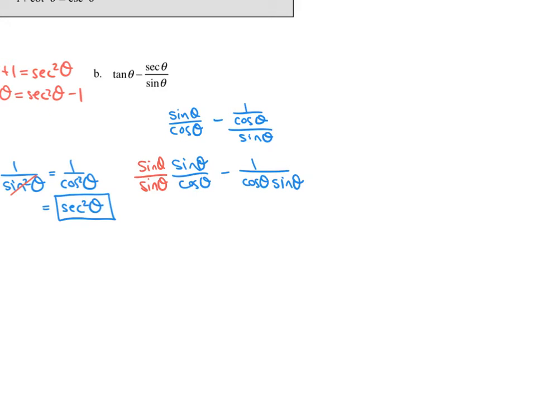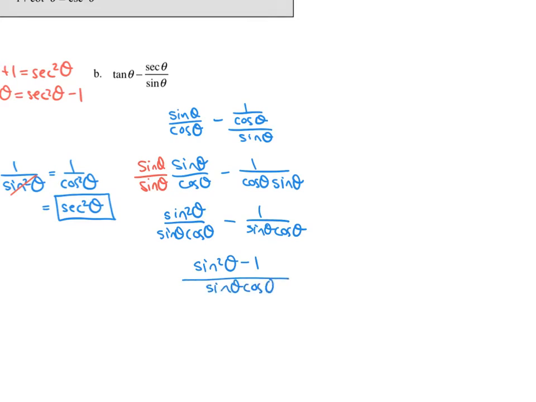So this first term will become sine squared theta when I multiply the tops, over sine theta cosine theta, minus 1 over cosine theta sine theta, which is the same as sine theta cosine theta. So I have common denominators. The bottoms are the same. I can combine these into one fraction. The top will become sine squared theta minus 1 over the bottom, which is sine theta cosine theta.